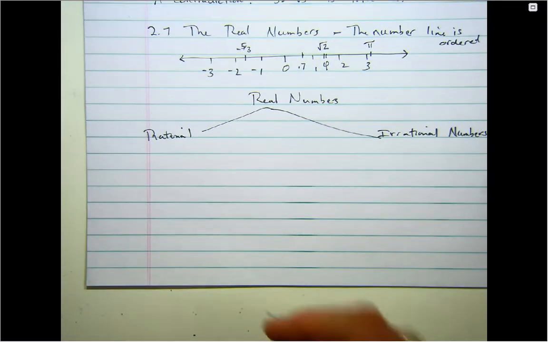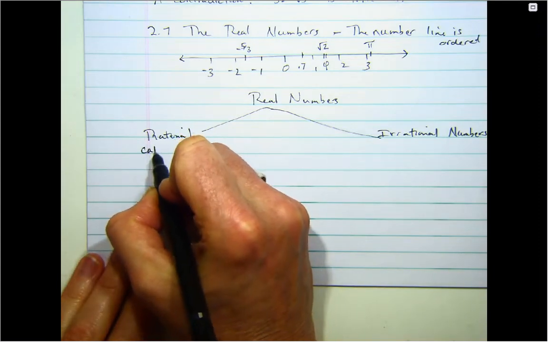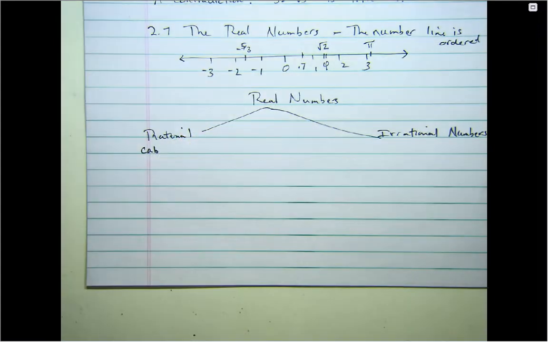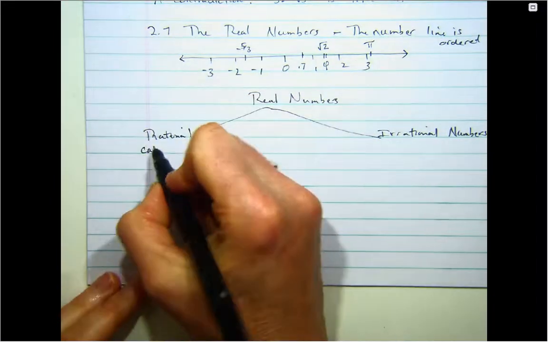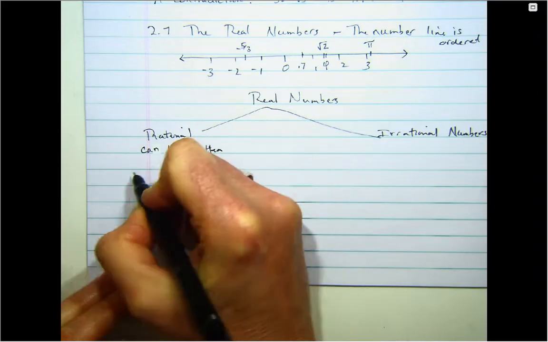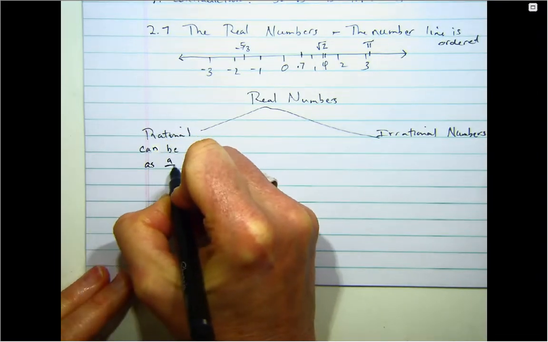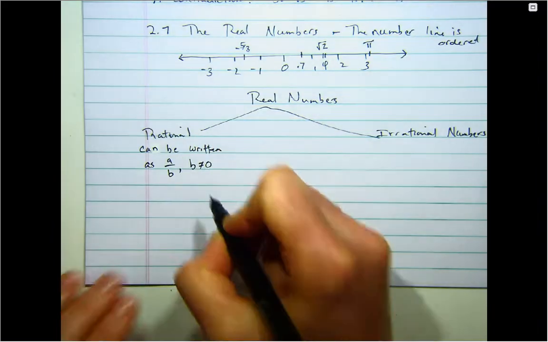Okay. So we had our definition for rational numbers. It can be written as a over b, where b is not 0, and a and b are integers.